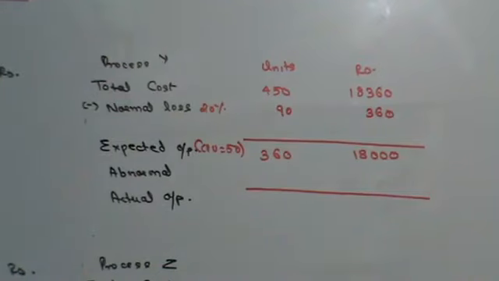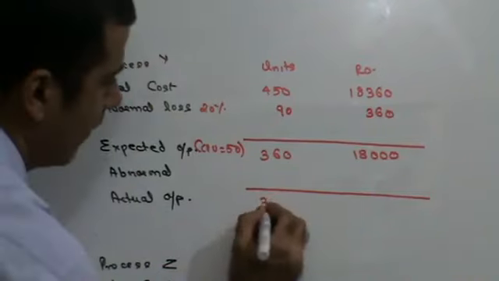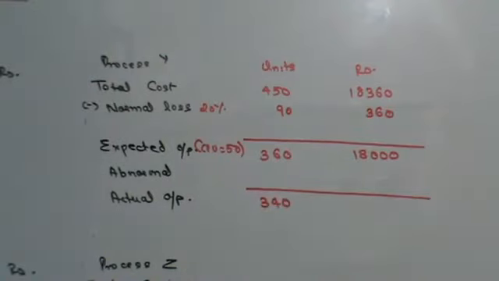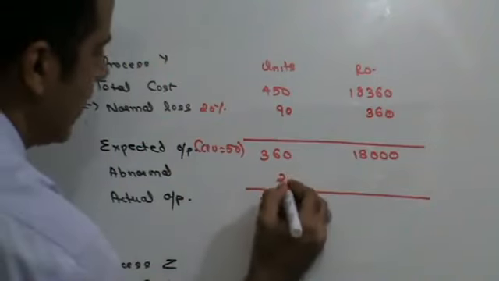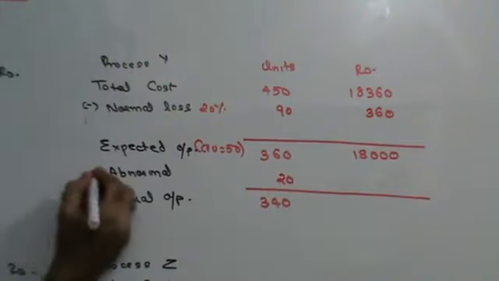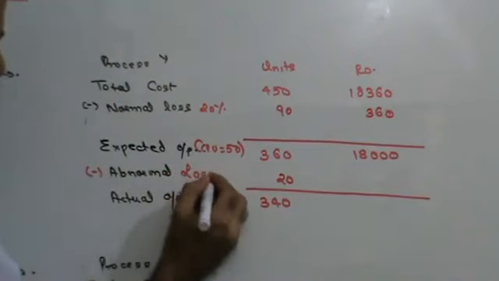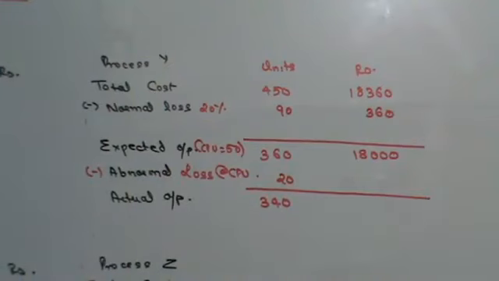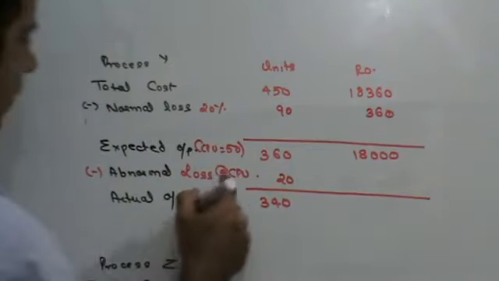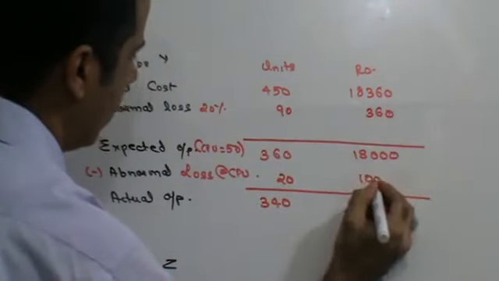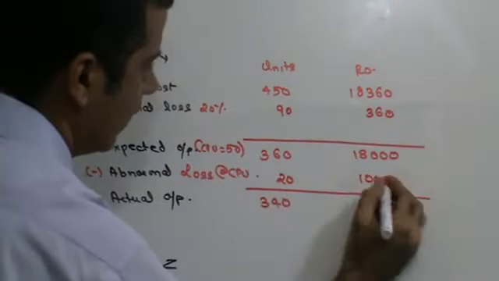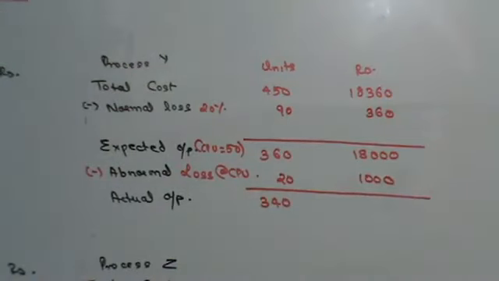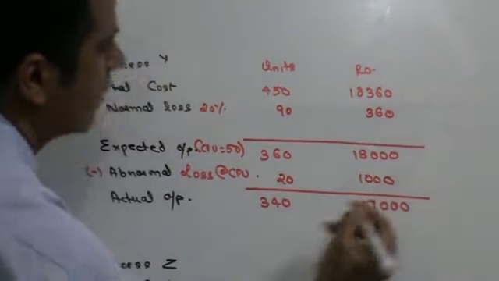Actual output is given to you as 340. Now expected output was 360, actual output is 340, that means my abnormal loss is 20. This is going to be less abnormal loss at the rate of CPU. Abnormal loss at the rate of CPU we found out is 50. 50 into 20 is 1000. So this is going to be 18,000 minus 1000, that's 17,000.